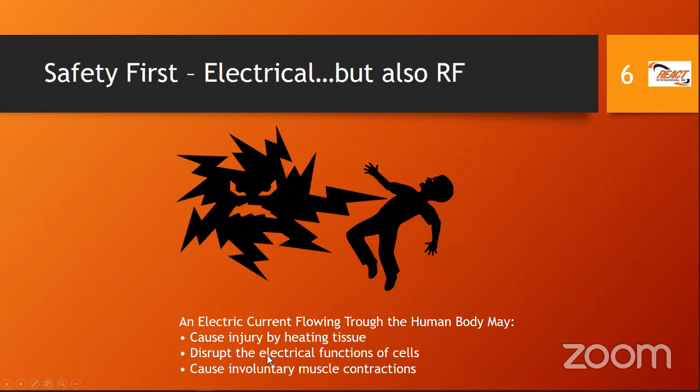Also, it can disrupt the electrical functions of cells, and certainly if that electrical signal passes through the heart, it can certainly disrupt such a significant organ. It can also cause involuntary muscle contractions. So those are some of the effects that a current has as it flows through your body. So the idea is always be mindful of when we are dealing with electrical supplies.